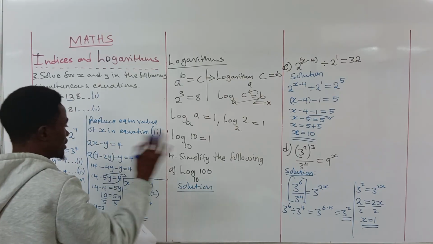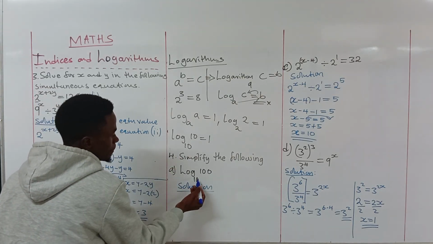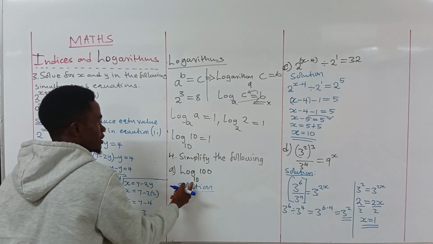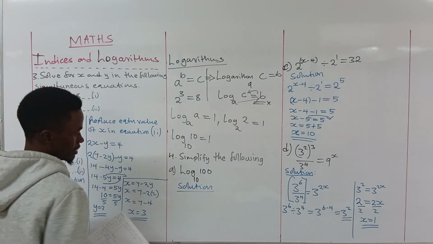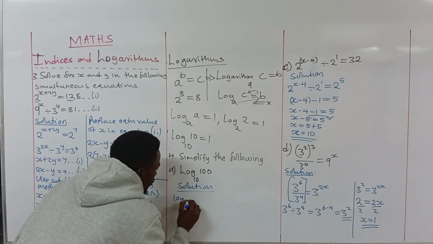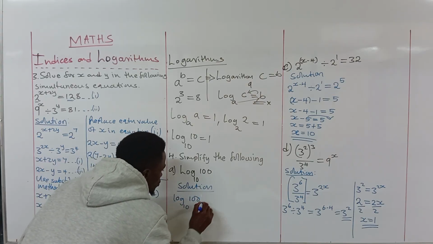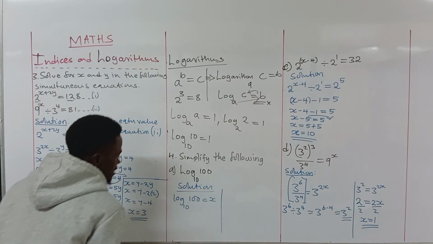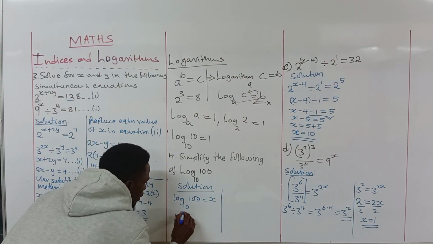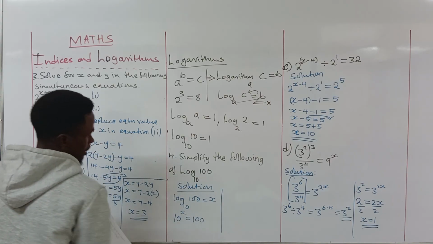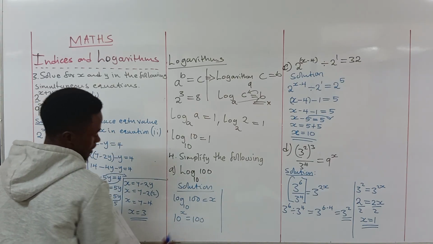There is a number to which we must raise 10 for us to get 100. So the logarithm of 100 base 10 is going to give us an answer x. And from indices, we understand that 10 raised to x is going to give us 100.